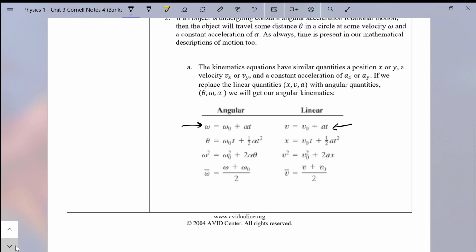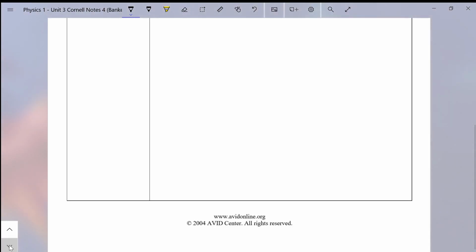So what this allows us to do is, if we're going to change our radius, and maybe our omega will change, we can figure out what that final omega is. If we know how long it will take to do something, we can calculate how much angle it swept out, or how much change in velocity there was. So this is a really useful tool to know for your rotational motion. Anyways, we move on to the next page.